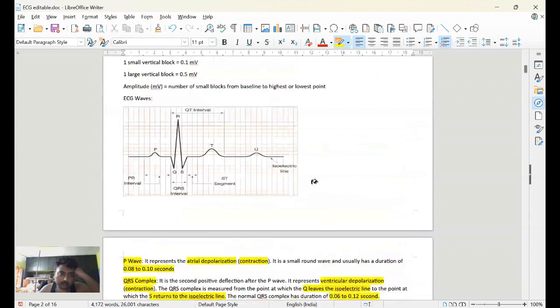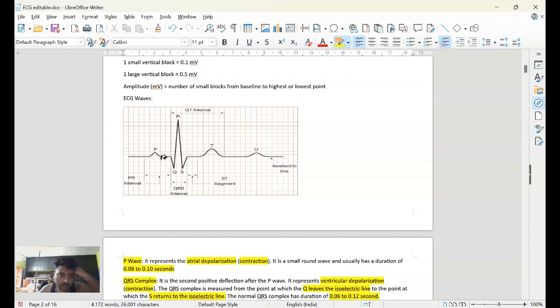Once more, there is a P wave, a positive deflection, taking 0.08 to 0.10 seconds. Then P, Q, R, S. This is the QRS complex, and from P to R is the PR interval. This is when the electrical impulse goes from the SA node to the AV node and to the ventricles, and blood goes from atrium to ventricle.